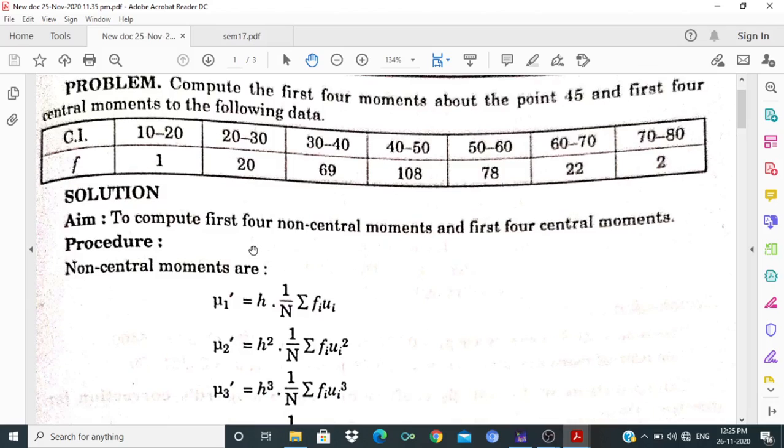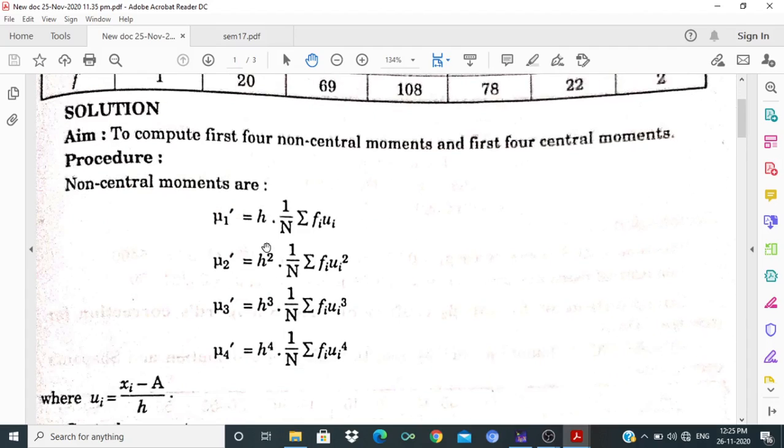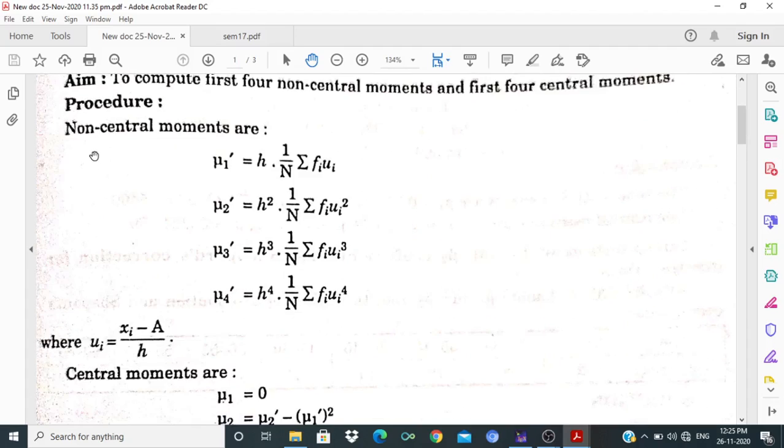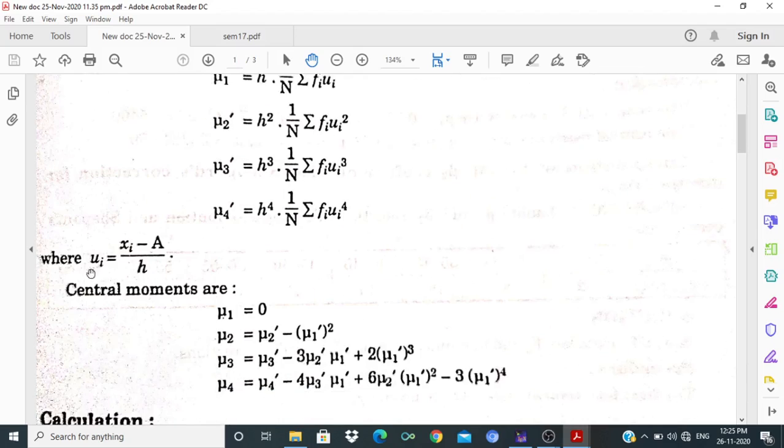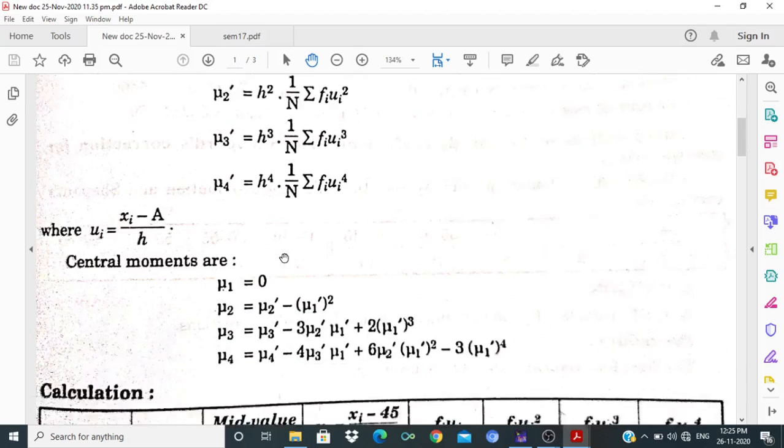To compute the first 4 non-central moments, this is the first non-central moment, where u is equal to x minus a by h. This is mu2 dash, mu3 dash, mu4 dash.